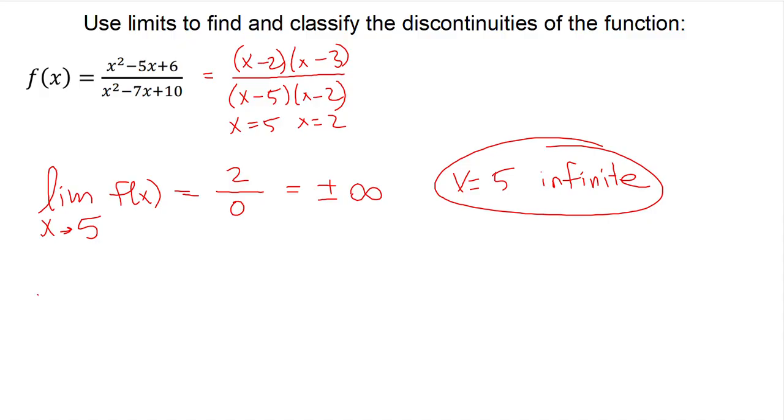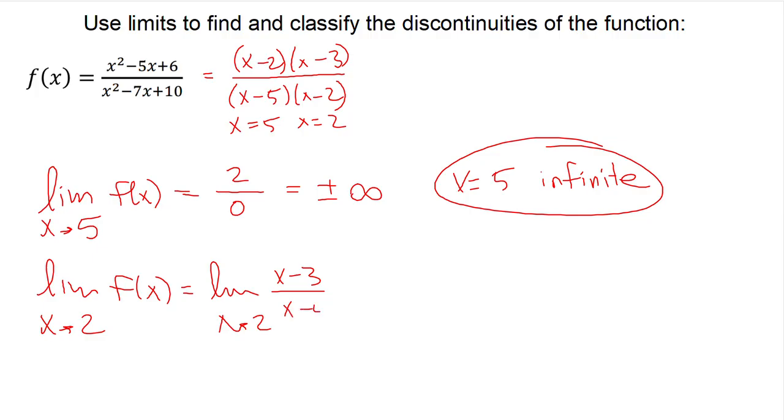And down here, we'll do a limit as x approaches 2 of f of x. And we can see that the x minus 2 should cancel. Right, so this is just the limit as x approaches 2 of x minus 3 over x minus 5. Well, 2 minus 3 is negative 1, and 2 minus 5 is negative 3. So this limit comes out to be 1/3.